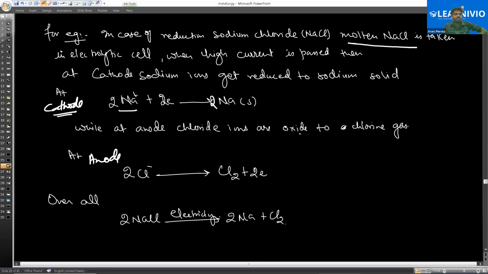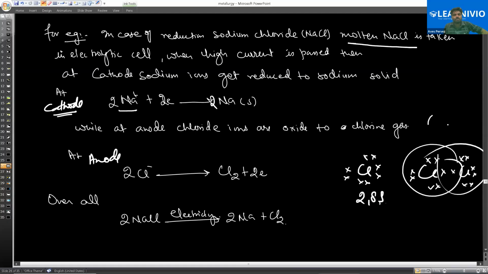Oxidized means removal of electrons to form chlorine gas. The chloride ion with 8 electrons, 2,8,8. When they lose one electron each, they will become chlorine atoms. And a chlorine atom never exists independently. They make a bond with another chlorine atom and they form chlorine gas, Cl2. The chlorine gas is found at the anode.